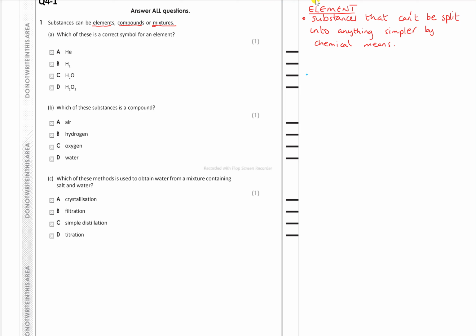Right, so compound. Compounds are formed when two or more elements chemically combine.